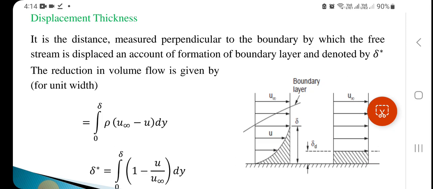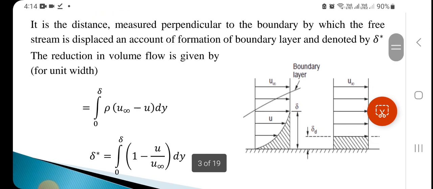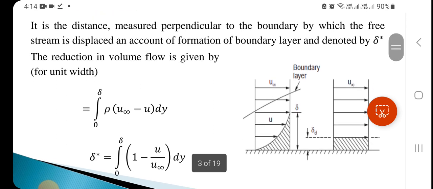Displacement thickness is measured perpendicular to the boundary by which the free stream is displaced on account of formation of boundary layer, and denoted by del star.